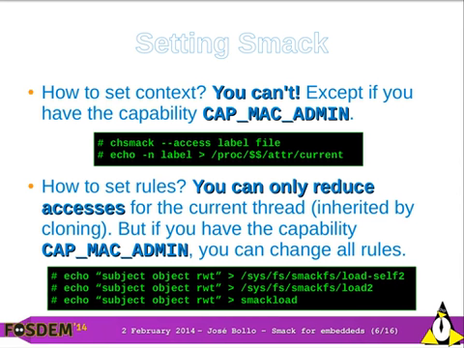Then you can reduce the access you have by using a specific interface, that is the load-self2. But if you have the capability CAP_MAC_ADMIN, you can change all the rules, destroy some and add some using another interface, that is this one.